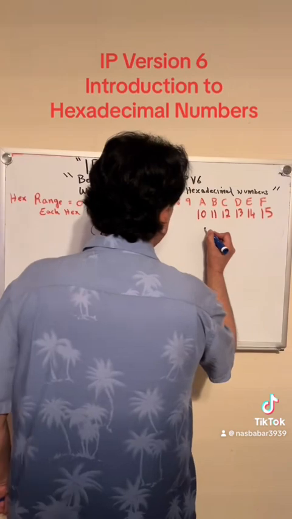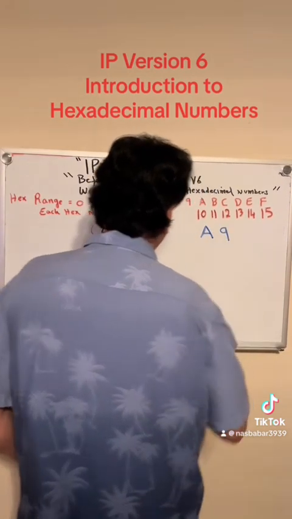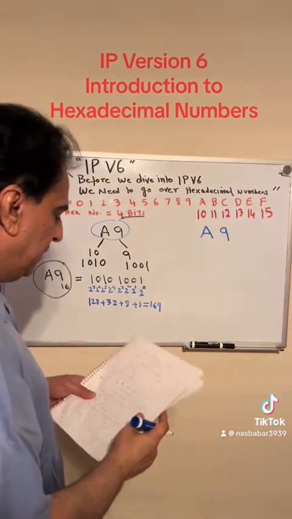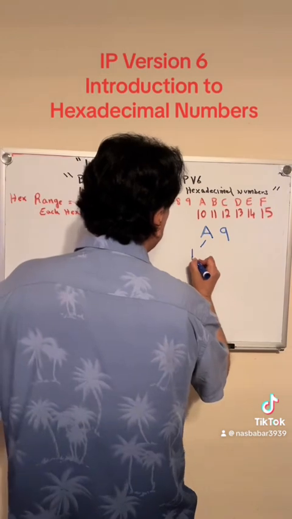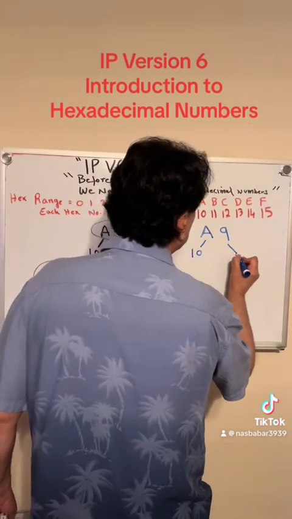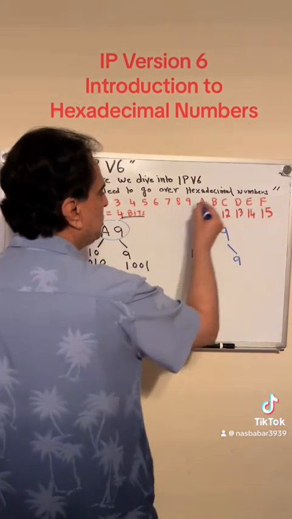So the number is A9, and we want to convert that into a decimal number. A, I know, is 10, and 9 is 9. This is from my table right here, the range.